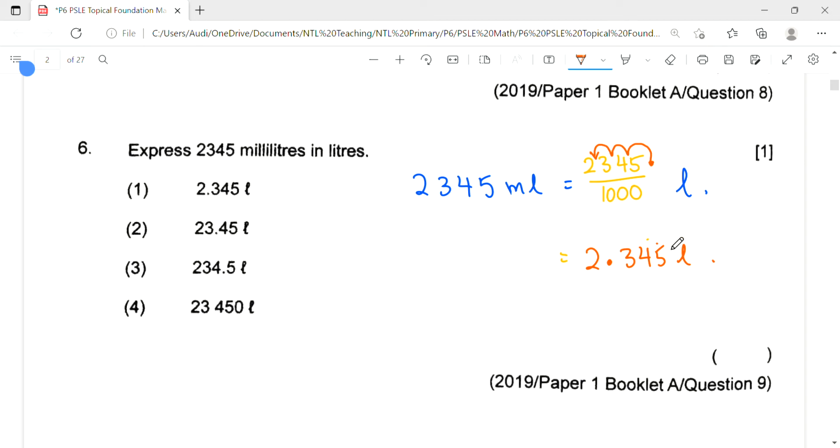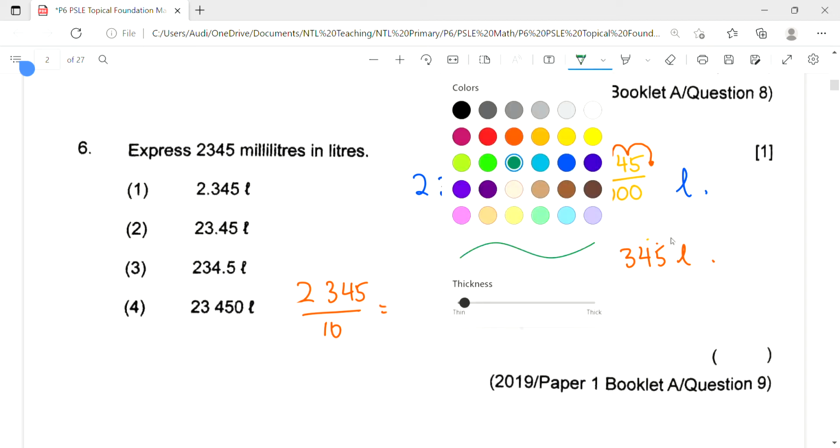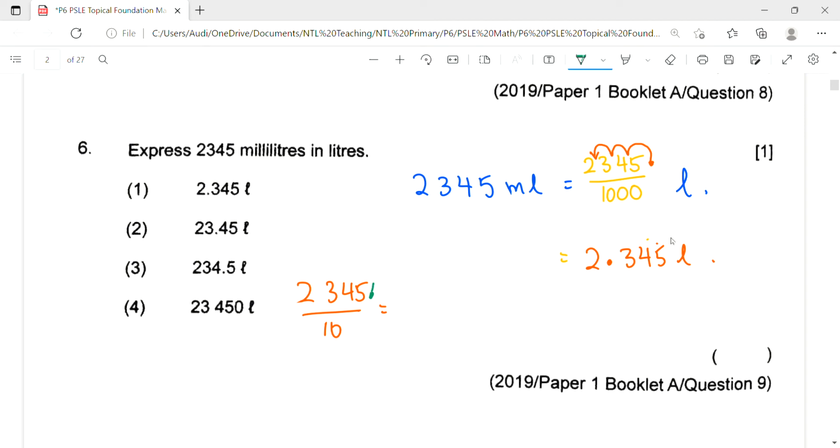So we move back the decimal point depending on how many zeros you see. We're dividing by 1000, so we're moving back by 3. If we're dividing by 100, we will move back by 2. Let me give you an example. 2345 divided by 10. 10 has 1 zero, so we take the decimal point, which is here, and move back by 1. So the answer becomes 234.5.